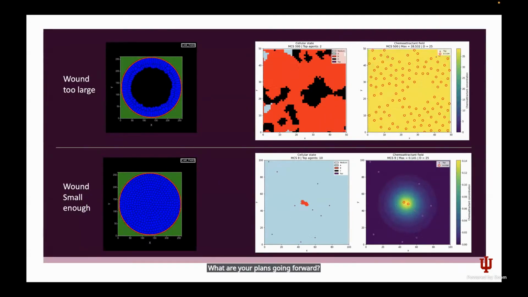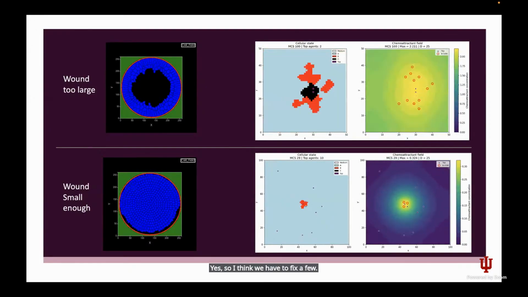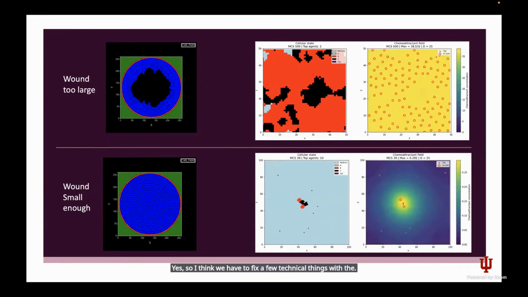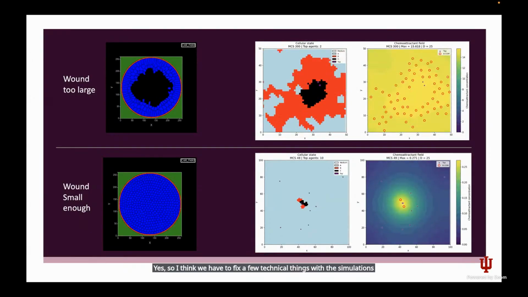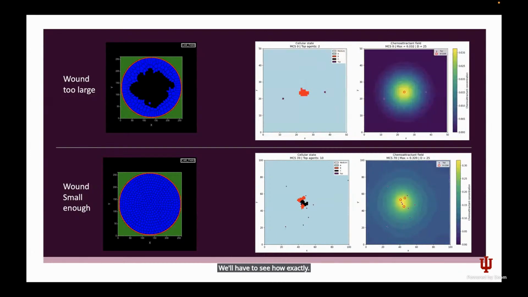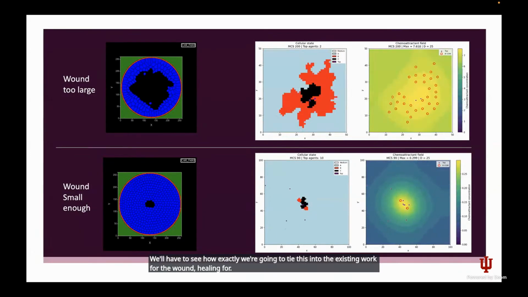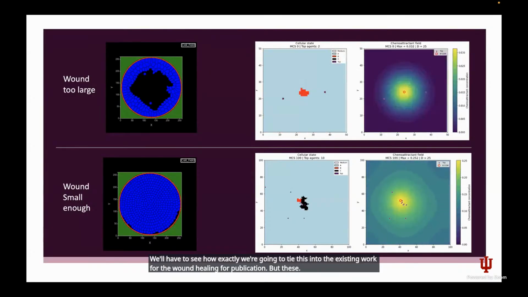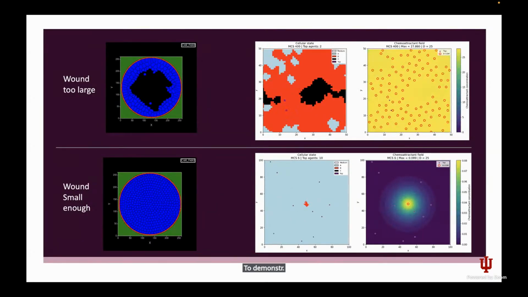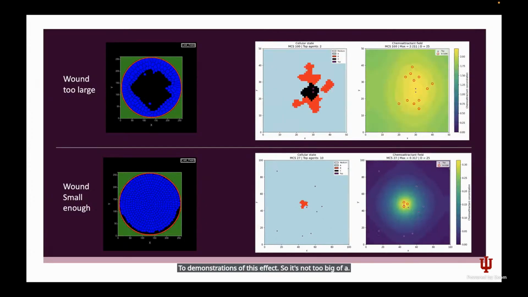Yes. I think we have to fix a few technical things with the simulations and discuss a few more things, and then see how exactly we're going to tie this into the existing wound healing work for publication. But these are really just two demonstrations of this effect, so it's not too big of an effort.